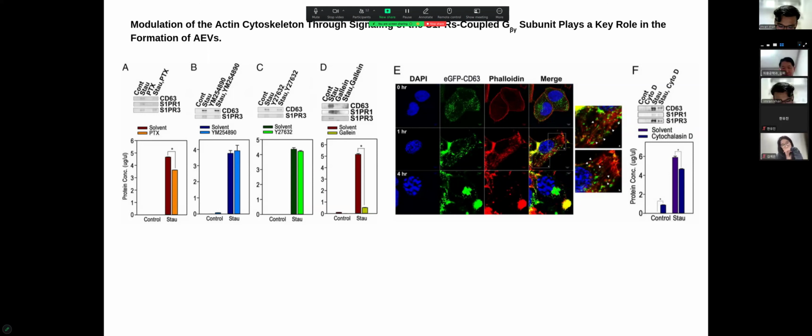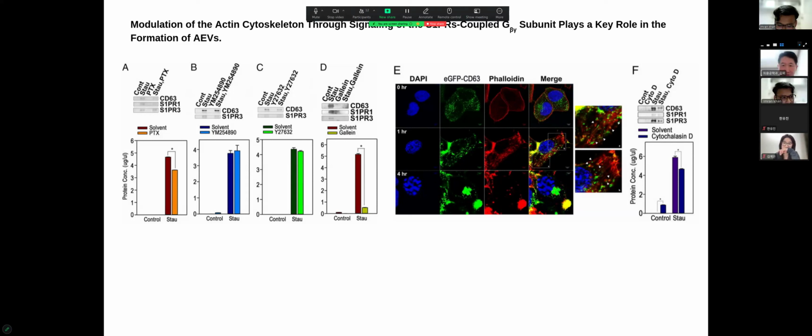Pertussis toxin is an inhibitor of GI, YM is the inhibitor of GQ, and Y is the inhibitor of ROCK. ROCK is a downstream pathway signal from G1213.